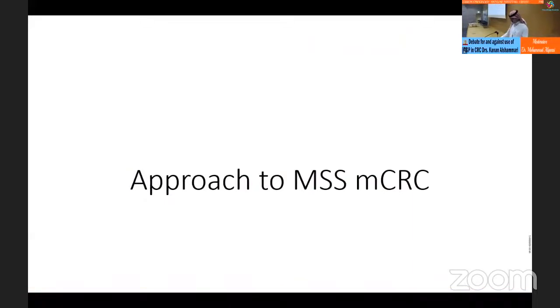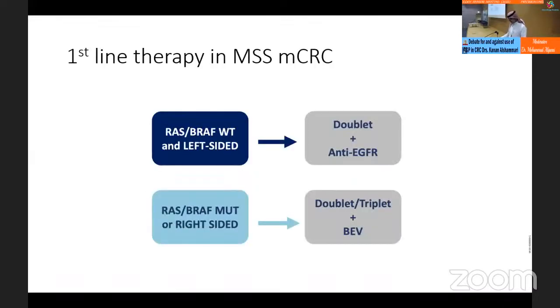Now, this is, I think, where we're going to have a bit of a debate: how to approach microsatellite stable metastatic colorectal cancer. If we divide them up into RAS wild type and RAS mutant, and sidedness.